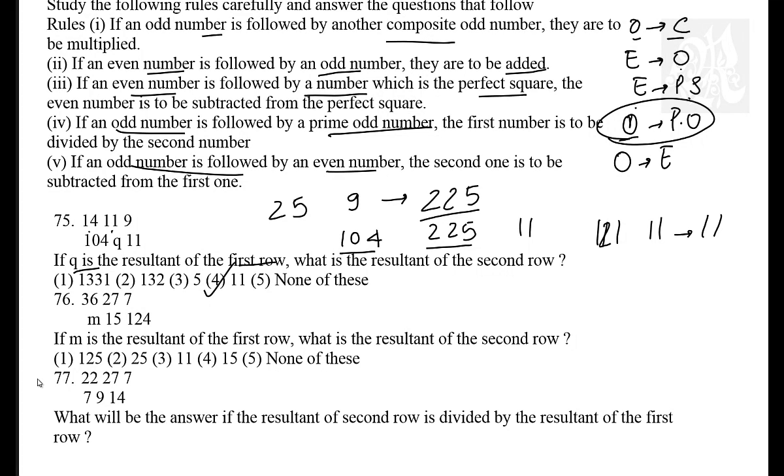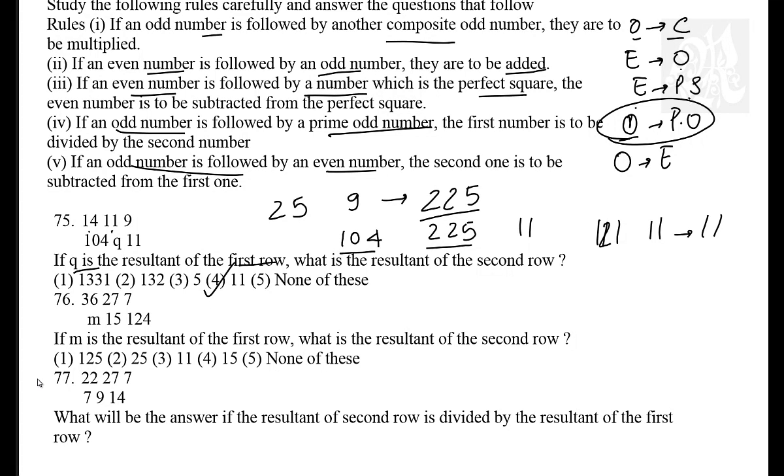Even followed by odd, added. 25. 25, 9. What is 25, 9? Odd followed by composite. They have to be multiplied. 25, 9 is 225. Now they are saying if Q is the result of the first row, so here 225, what are you supposed to do? So 104, 225 is even followed by a perfect square.